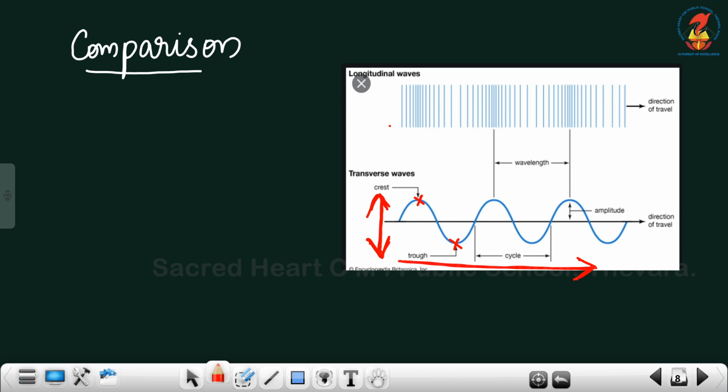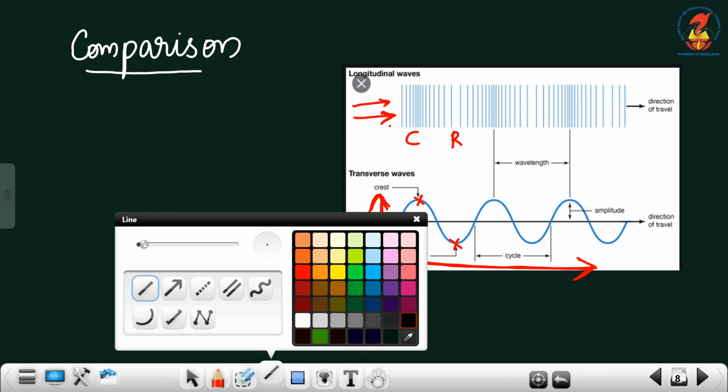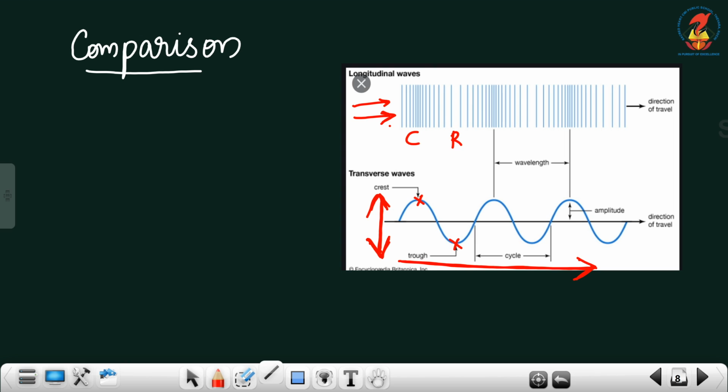Okay, while in longitudinal waves, if this is the direction of the wave, the particles also vibrate parallel to the direction of the wave, which creates a high pressure region called compression, and a low pressure region called rarefaction. This longitudinal wave consists of a series of compressions and rarefactions.